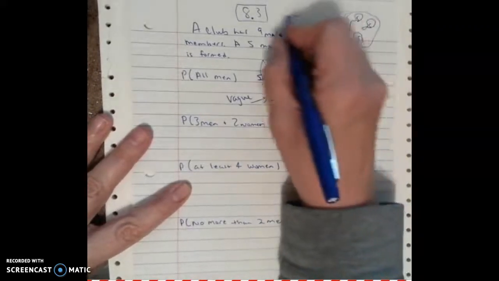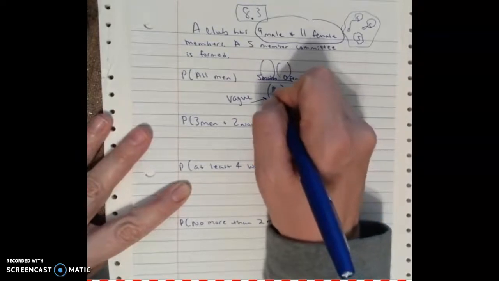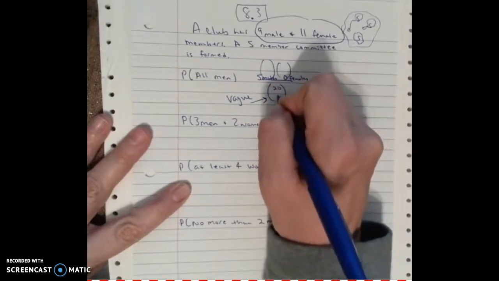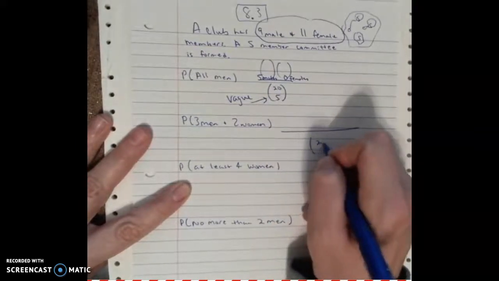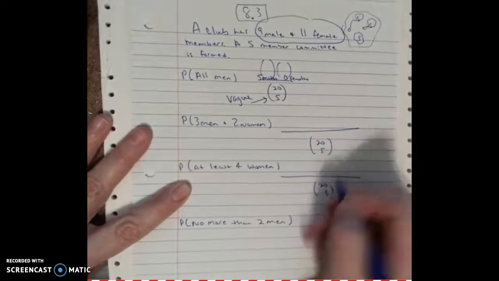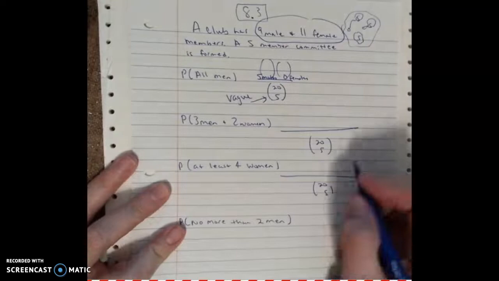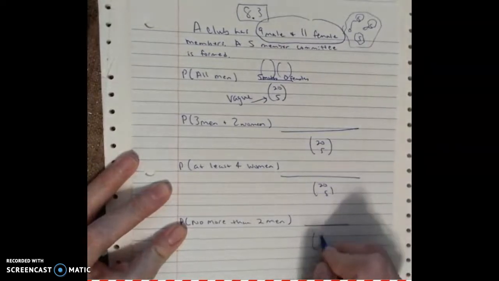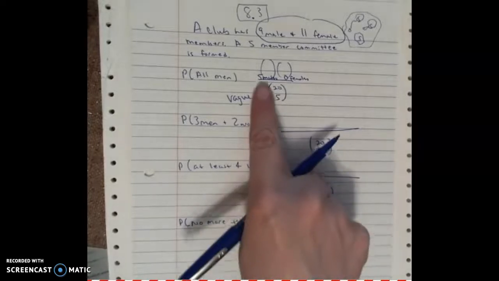The vague is all together. I have 20 people total, and I'm going to choose 5 of them. That is not going to change. Again, remember, it's like when I had all the candies together, and I want to choose 5.